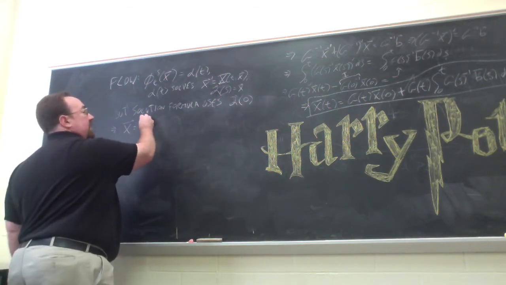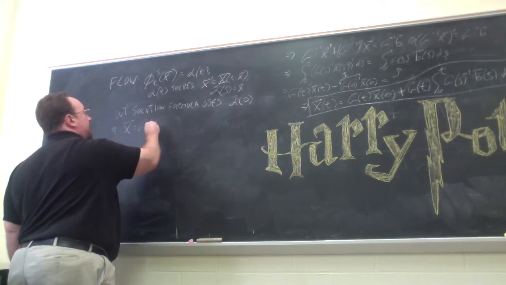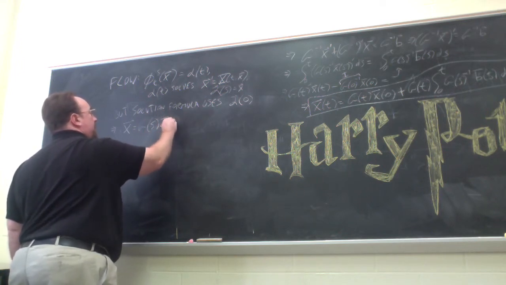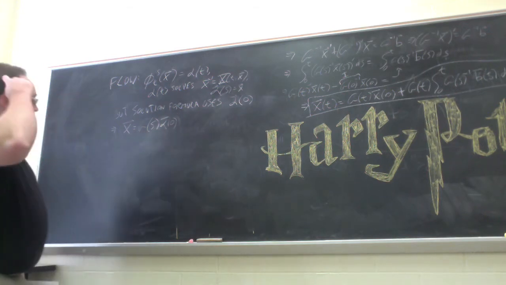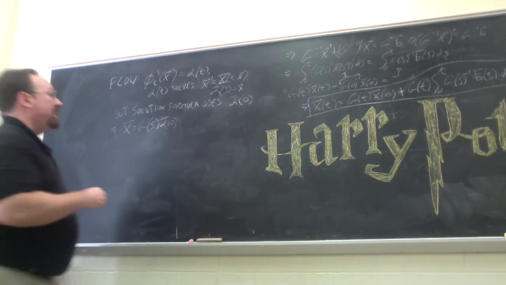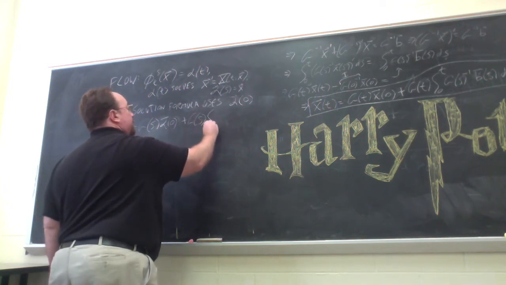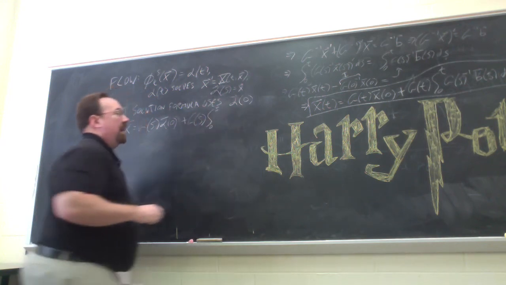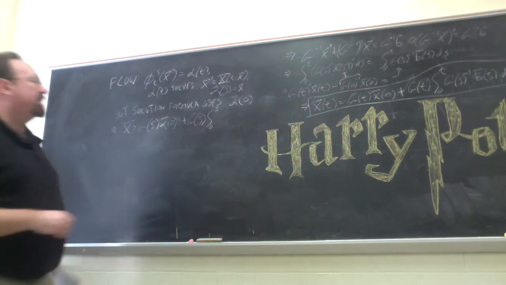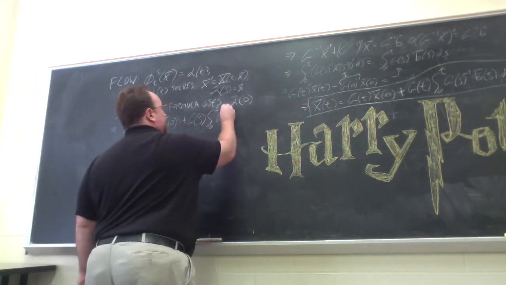So I'll have g of s, and then my unknown here is alpha of 0, plus g of s integral from 0 to s. Now, I need to use a different letter inside the integral, so I'll just use a u.